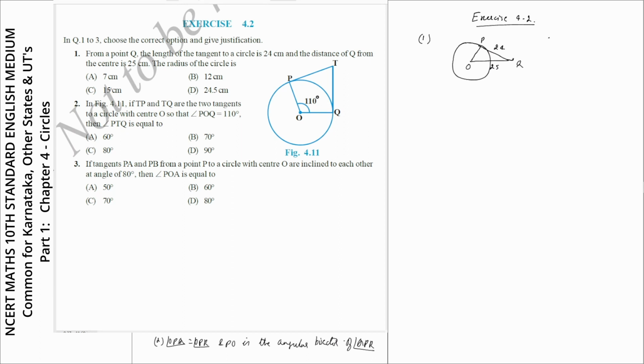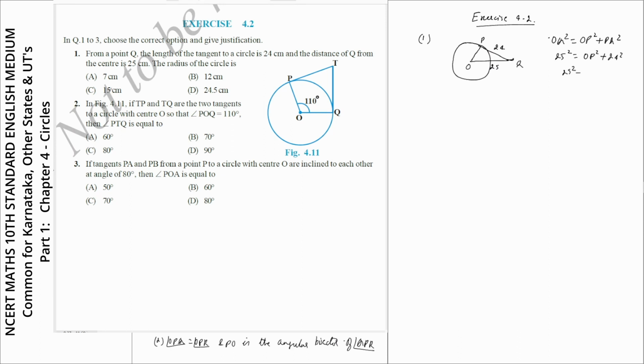So now triangle OPQ is a right angle triangle. Therefore OQ square is equal to OP square plus PQ square. OQ square is 25 square, so 25 square is equal to OP square, which we don't know, plus 24 square.